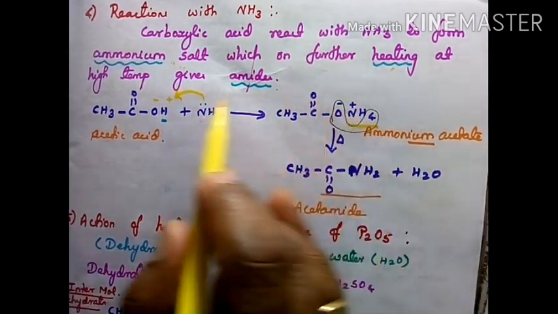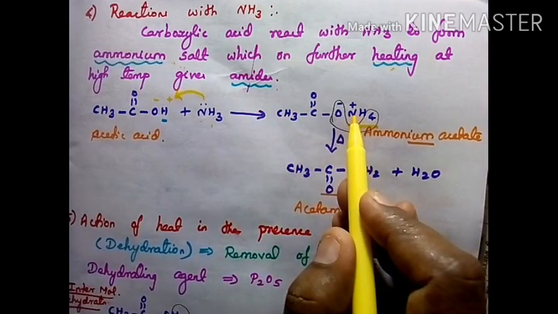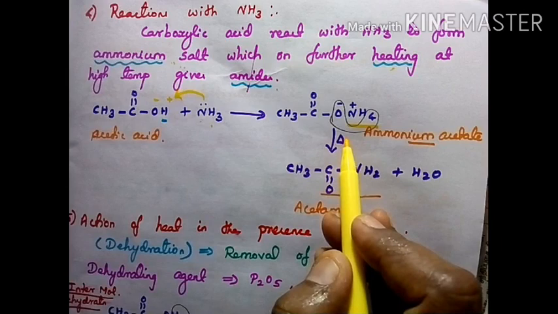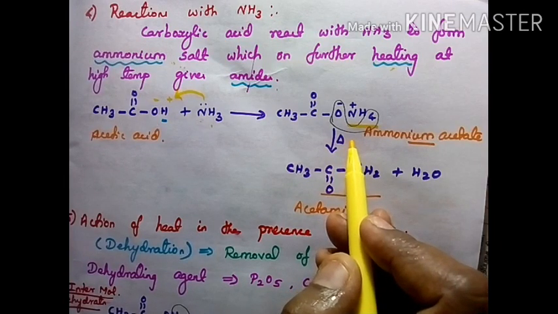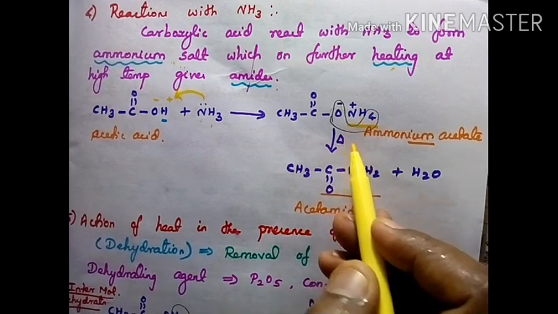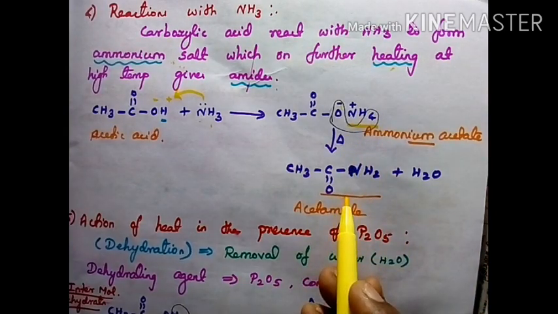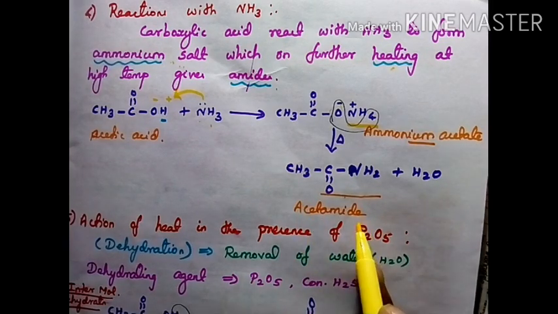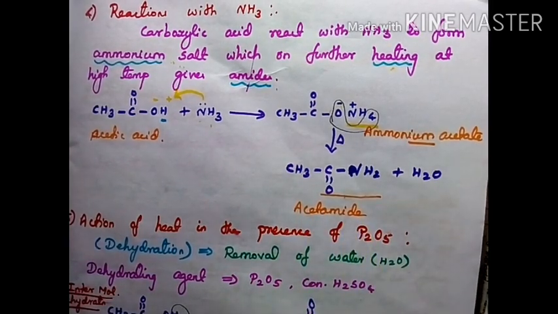Why plus? It loses its lone pair. So NH4 plus, ammonium acetate. Further heating, what happens? It loses the water molecule and forms amide. It is an acetic acid derivative, so it is acetamide.